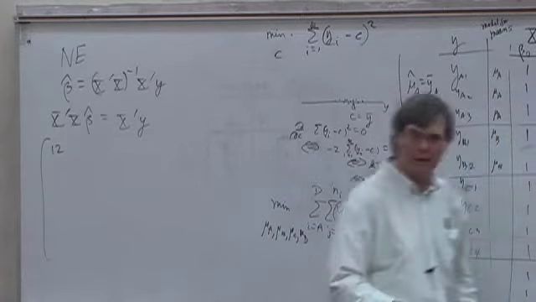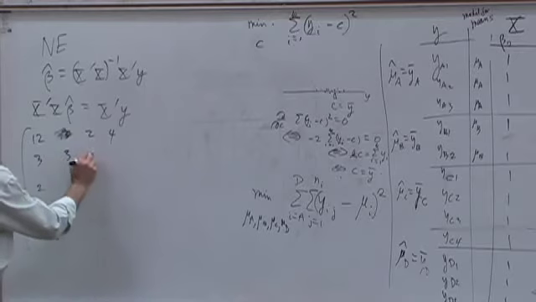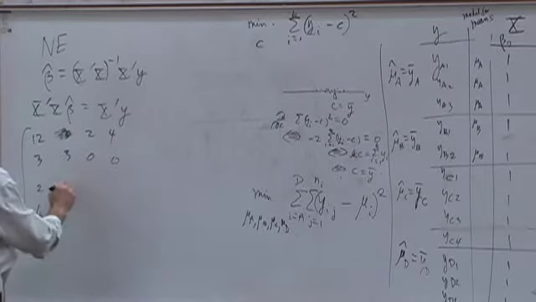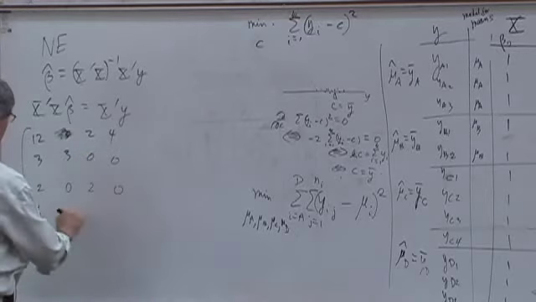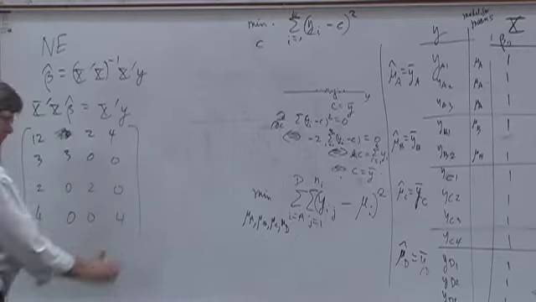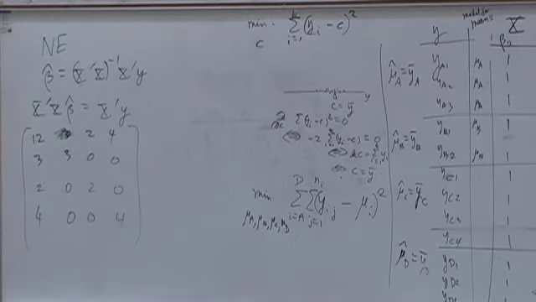Then I take the second column into the first, second, third, and fourth. So I get 3, 3, 0, 0. And then you're just getting a diagonal matrix for the last block of this matrix: 2, 0, 0, 0 and so on. That's x prime x. And x prime y is easy enough.